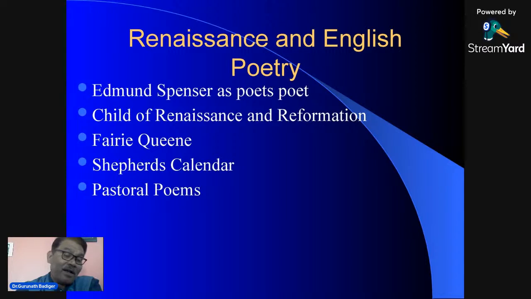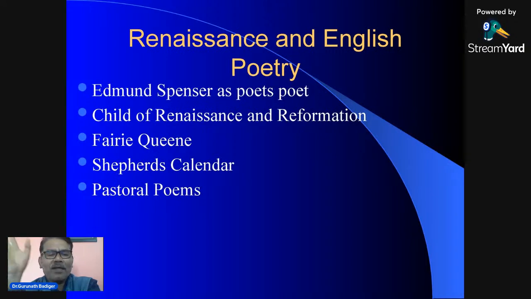So the very characters of Gloriana, Una, Duessa, and the bad characters that we come across, the conflict between the good and the evil, the truth and untruth. So, the Faerie Queene should be studied as an allegory.